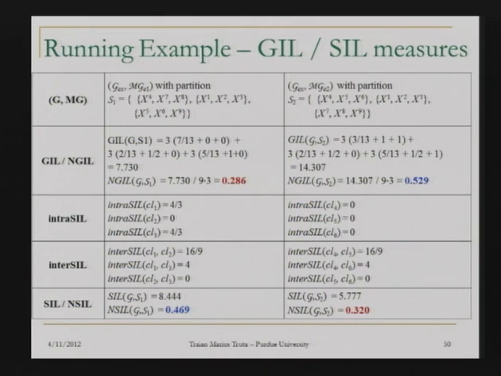And we compute those values, and this is actually true. As you can see, the red one is the one that is optimized. For the first one, the value is obtained as 0.286 versus the second one, 0.529, and vice versa for the normalized structural information loss.